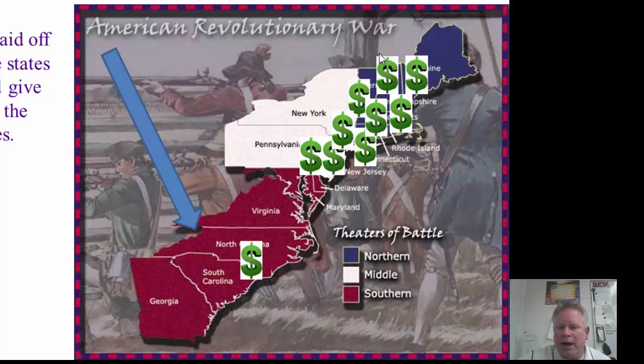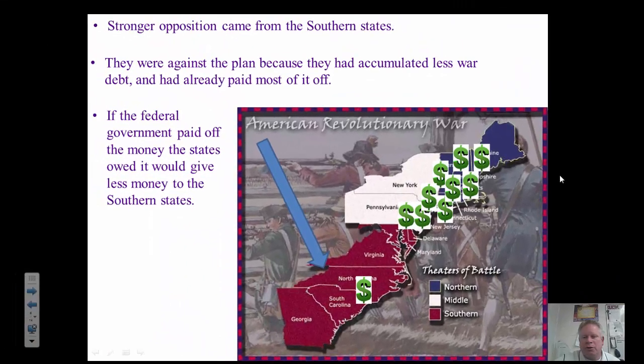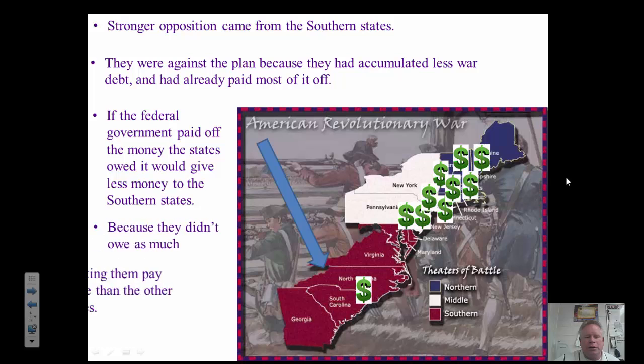The North hadn't paid any of their war debt off. So ultimately, this would make the South pay more than the North because they've already paid some. They're going to get a little bit from the federal government, but the North had not paid any, and they're going to get a lot from the federal government. So the southern states were completely against this.